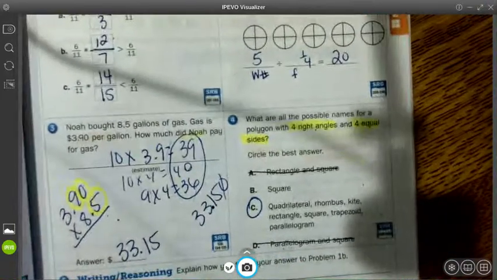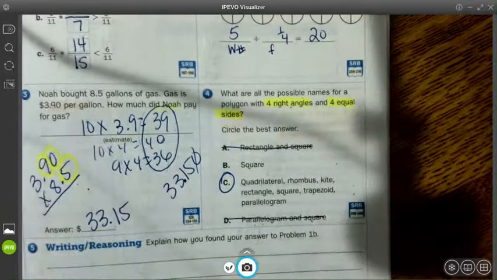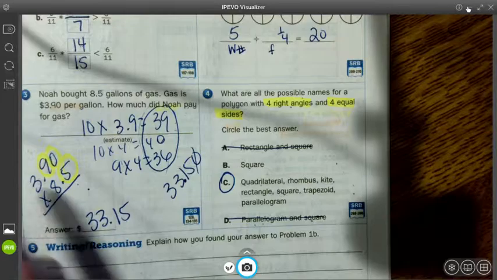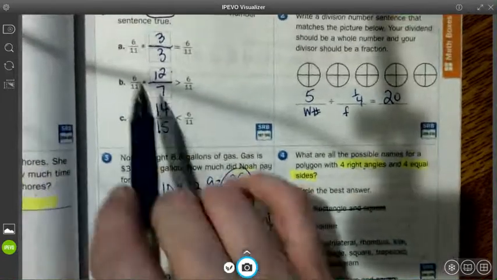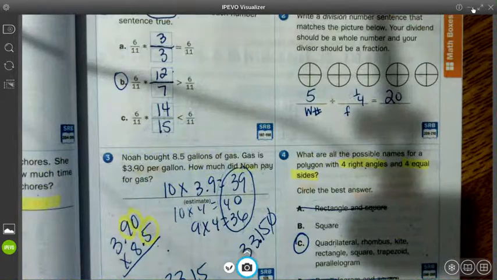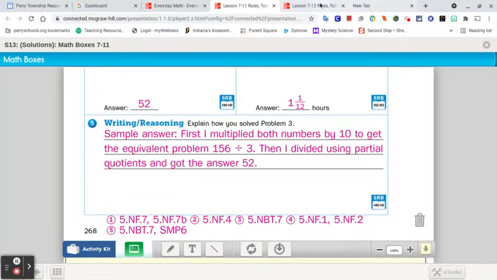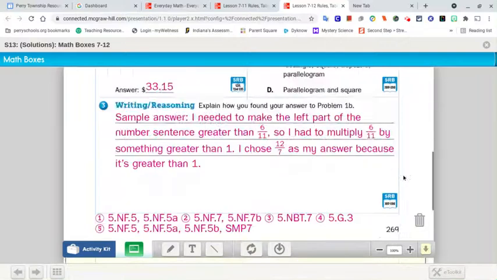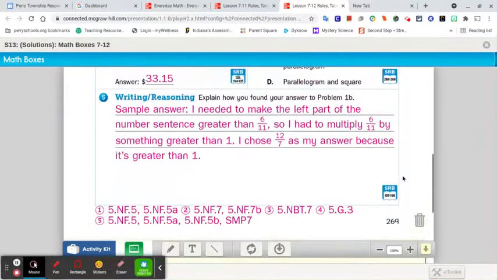All right, number 5 says explain how you found your answer to problem 1B. I think I'm going to go ahead and show you that explanation because that will help a little bit with understanding those. So let me come through and show you. Okay, so here's a sample answer for that.